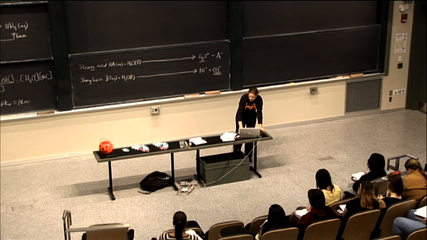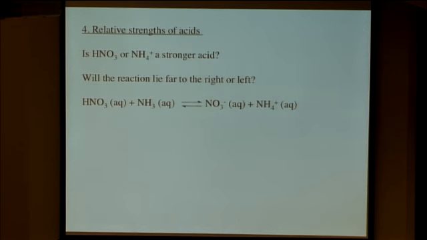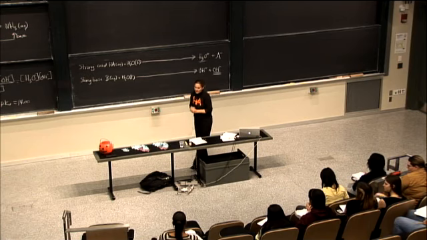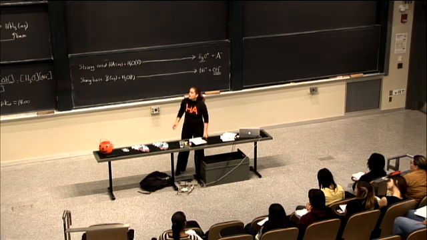OK, so let's look at this relative strength of acid problem and do an example here. So in this equation, we have an acid and a base on one side, and another different acid on the other side.